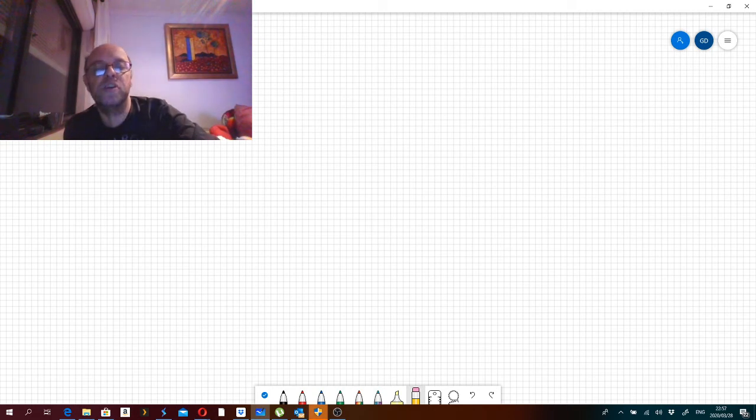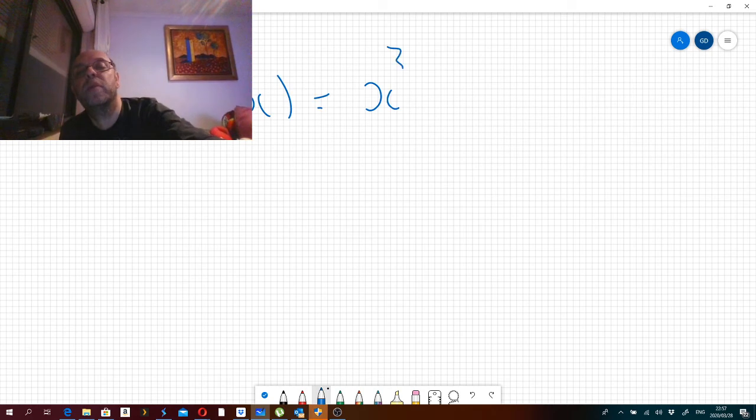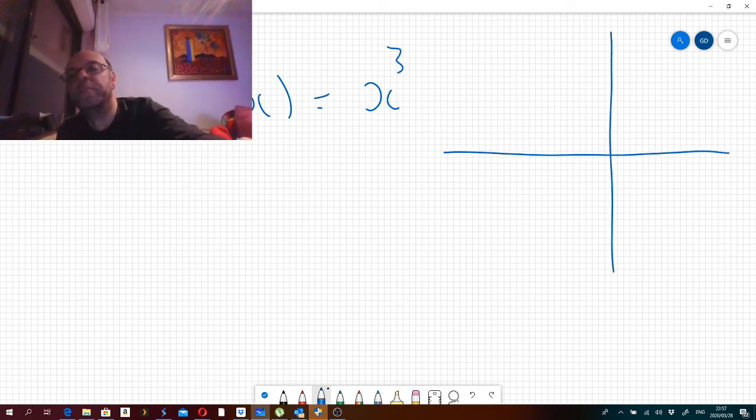And let's choose a function which you've probably seen before. F of x is equal to x cubed. Now, what does an x cubed graph look like? Do you remember? Well, the graph does something like this.